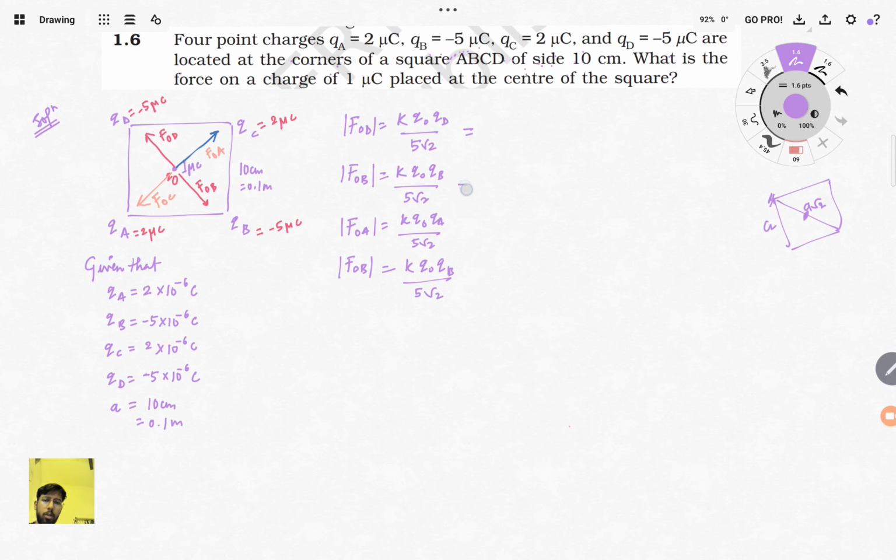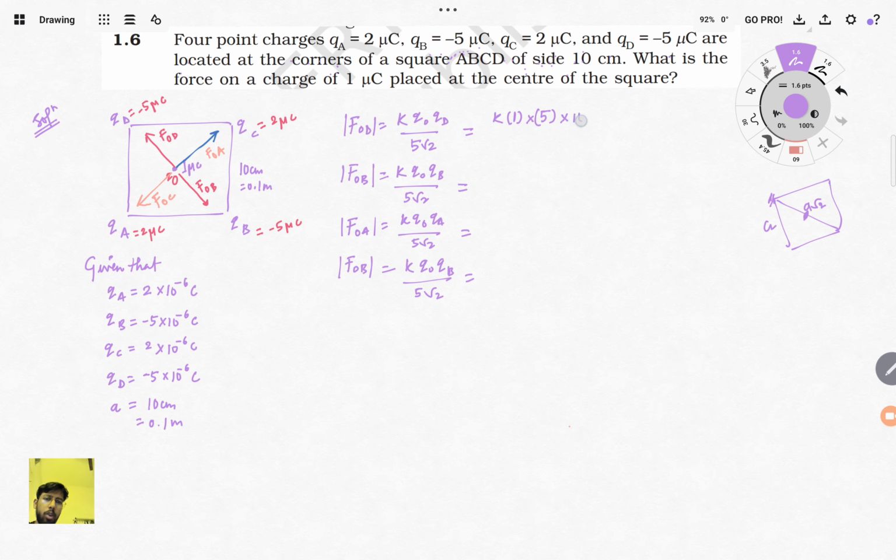Now let's put in the values of all the charges. Q naught is 1 microcoulomb, and we write the unit at the end. Q_D is 5 microcoulomb. We know the direction, so I am only writing the magnitude.